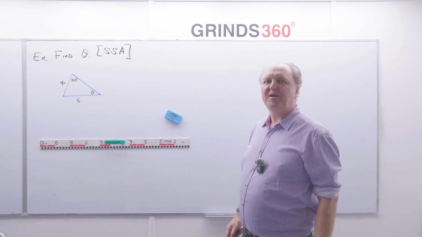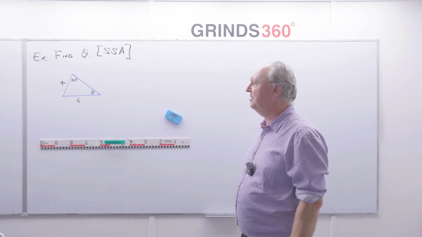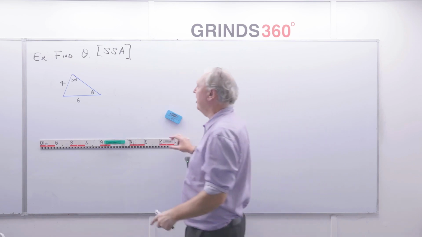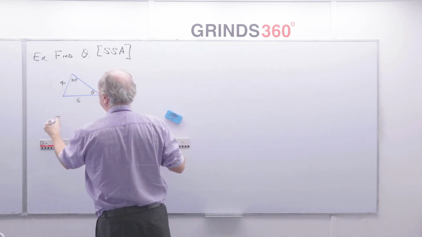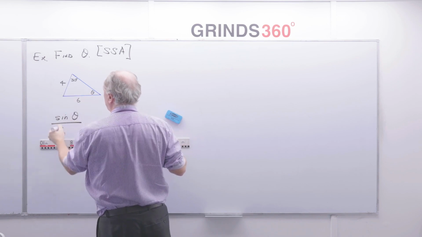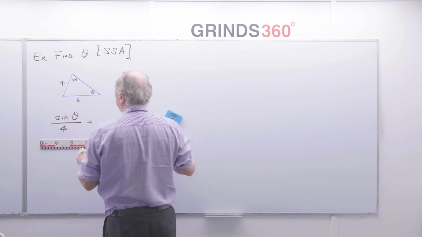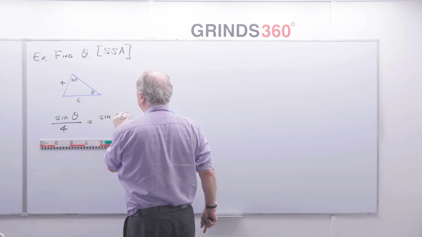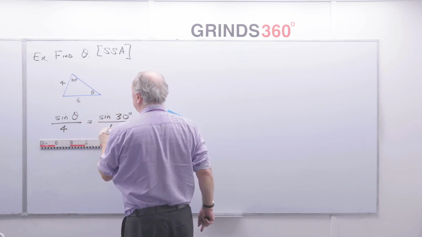I'm looking for theta. I'm looking for sine theta. I'm actually going to put the sines on top. So I go sine theta divided by the length of its side, which is directly opposite, 4, is equal to the sine of 30 divided by its side, which is 6.